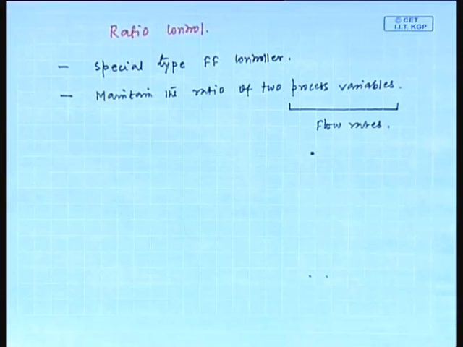So, the objective of the ratio control scheme is to maintain the ratio of two flow rates.